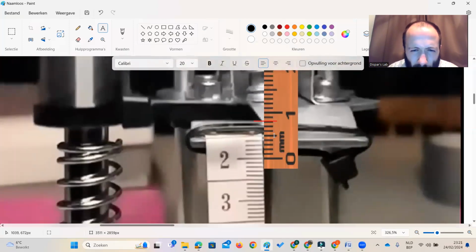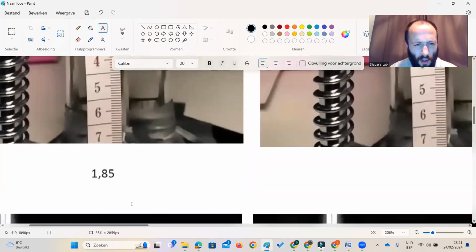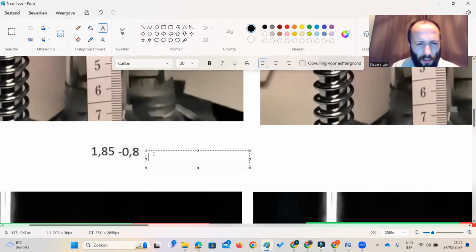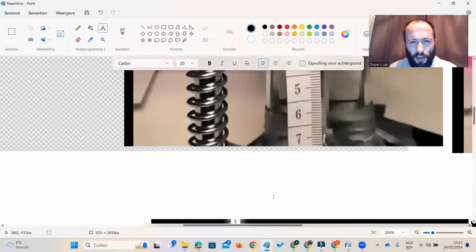Over here we have 0.8. So minus 0.8 centimeters, which is, so that's the difference, 1.05.